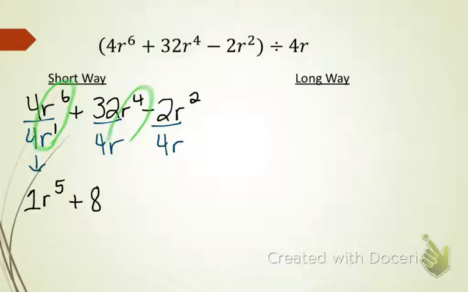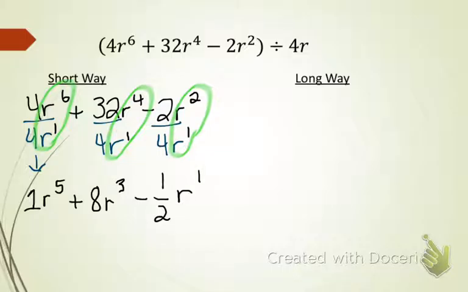Again, properties of exponents, r to the power of 4 divided by r to the power of 1, subtract the powers, 4 minus 1, and that gives us r to the power of 3. The last one, negative 2 divided by 4, that is a negative 1/2. Properties of exponents, r to the power of 2 divided by r to the power of 1, subtract the powers, and that gives us r to the power of 1.